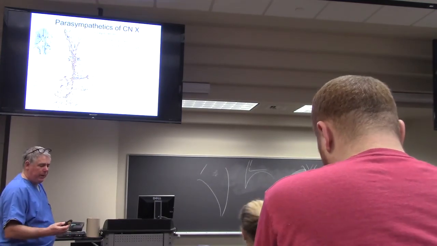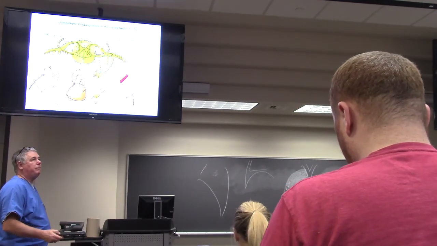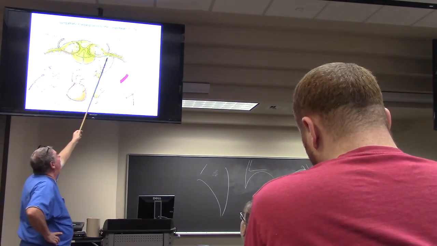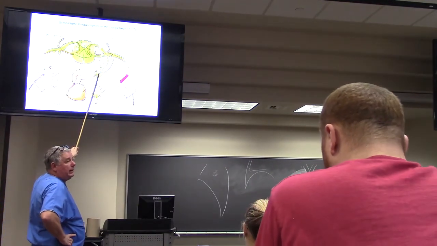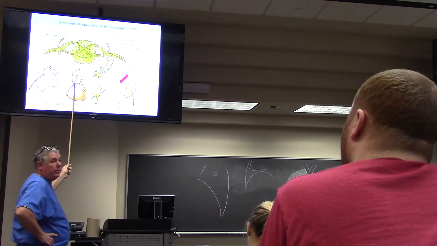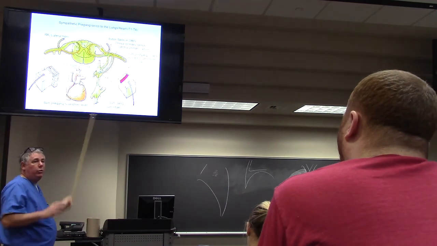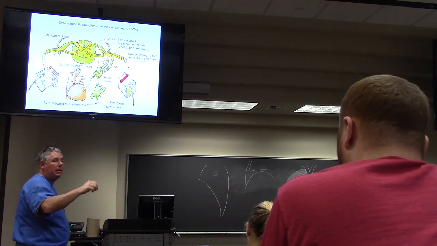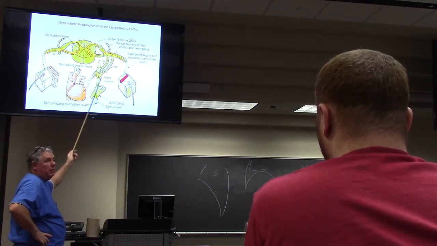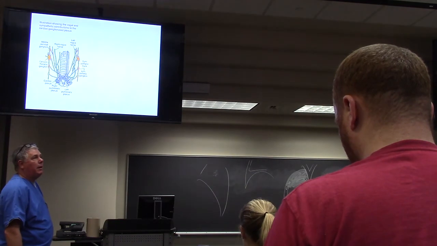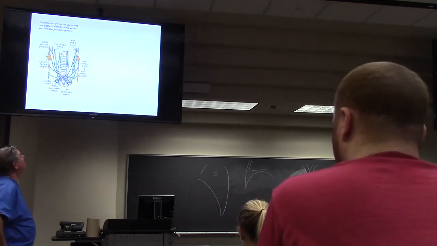So that's the parasympathetics. The sympathetics, we've seen this 100 times. Preganglionics enter the chain, they synapse and come out as cardiac nerves and go directly to the heart. They don't use the cardiopulmonary ganglionated plexus. They've already synapsed. If you put the two together, it looks something like this.